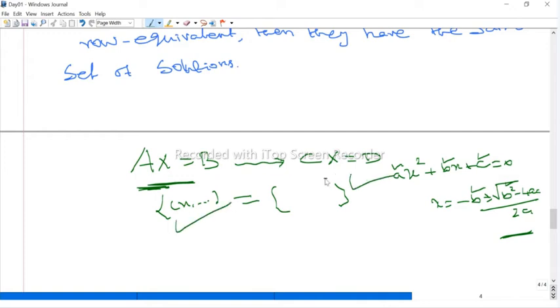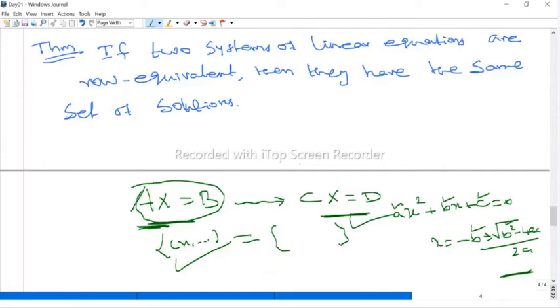Why do we need this system? Because sometimes it's very difficult to solve the original system, so we need simple systems to solve the problem. Because the theorem says both systems have the same solutions, we don't want to waste time solving this bigger system, because maybe it contains so many large numbers or so many non-zero numbers.